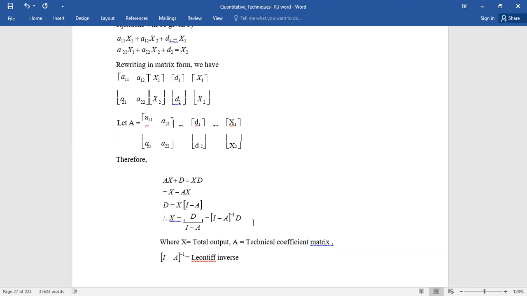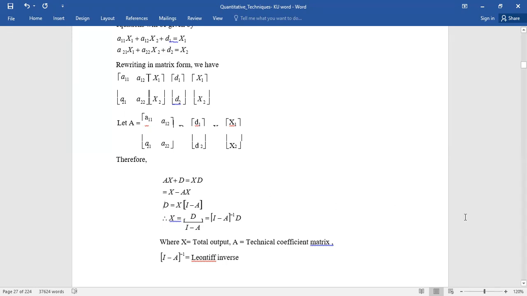Our A becomes the technical coefficient matrix. And then the inverse is what we are calling the Leontief inverse. The scientist who collaborated on this formula is called Wassily Leontief. That's why we are calling it Leontief matrix.